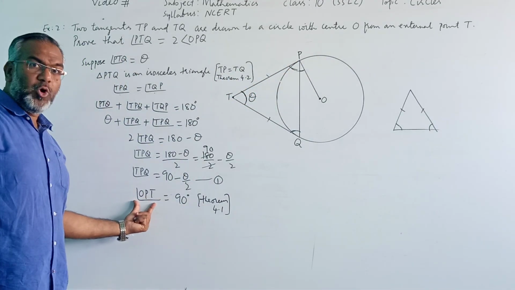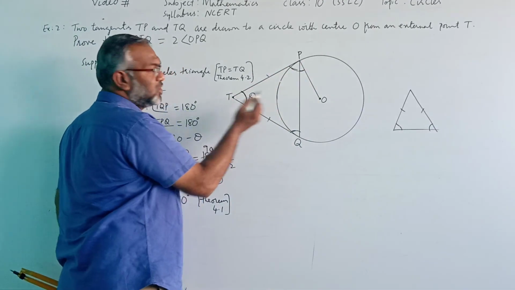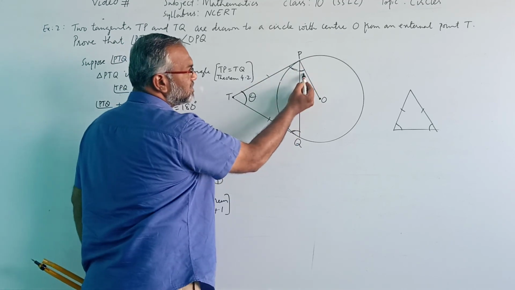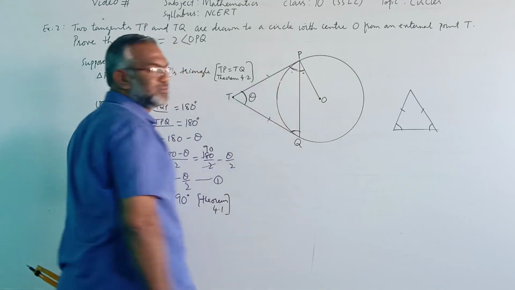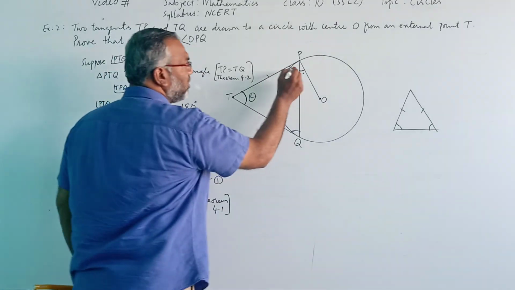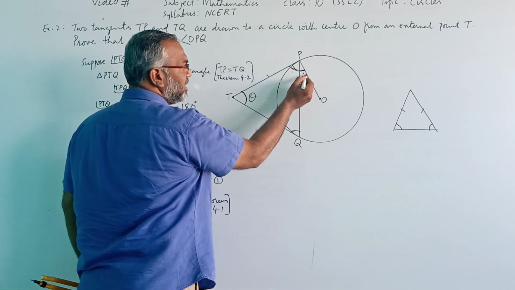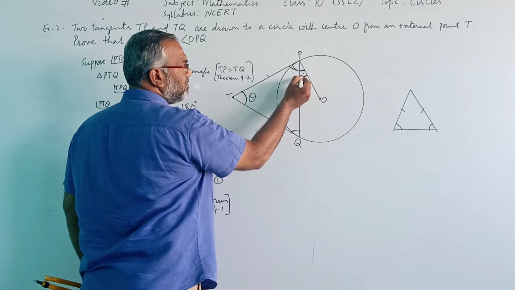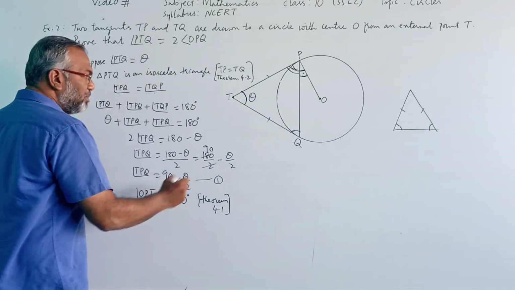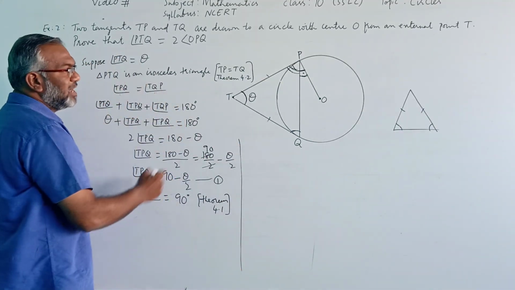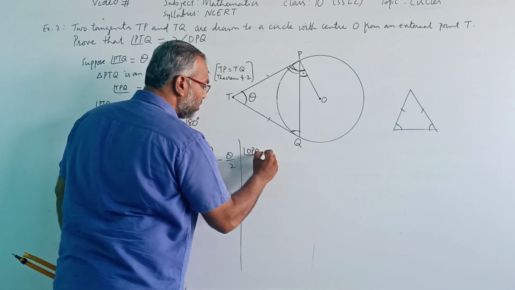But I can break OPT into two parts. How? I can write OPT as OPQ, this, plus QPT, this. OPT is from here till here, right? I am breaking it and writing it as this plus this. So OPT can be written as angle OPQ plus TPQ.